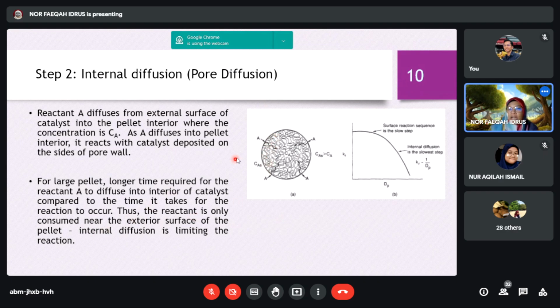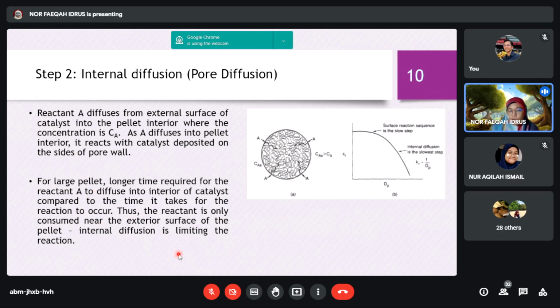So maksudnya reaction banyak berlaku at the external surface compared to the reaction at the interior, because the time required for the reactant A to reach the active site at the interior tu longer compared to the reaction that occurs at the external surface. So when this happens, we call it internal diffusion is limiting the overall reaction. Okay, if we use the large size of catalyst.